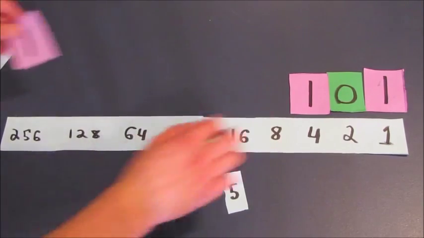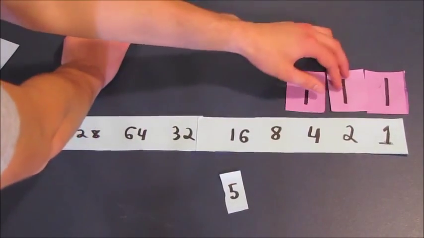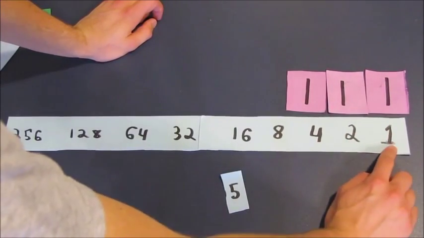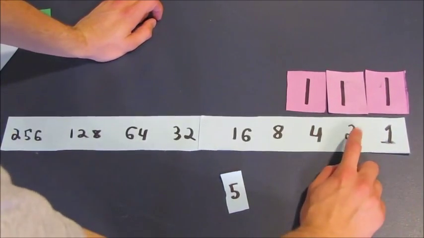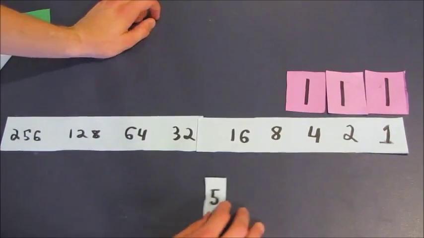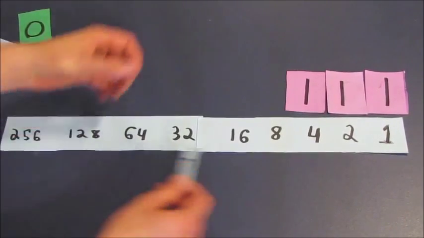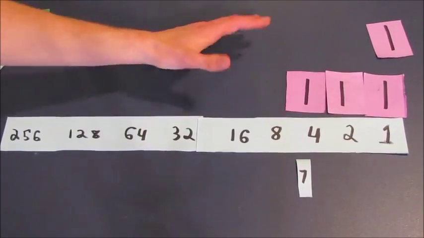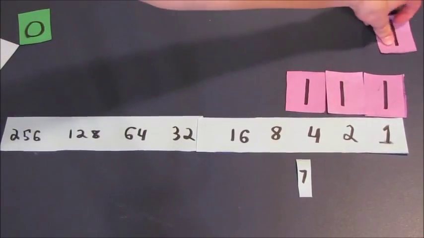Alright, so now what if we have 111? Well, this is 4, this is 2, and this is 1. So we get 4, 5, 6, 7. So this becomes 7. Alright, now I want to try adding 1 to this binary number. Well, we can't add it here, so that means we have to change something because there's nowhere to place this.